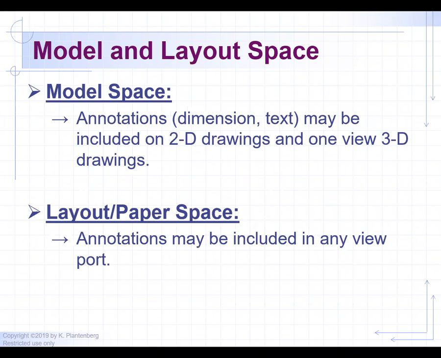So model space annotations, dimensions, and text may be included on a 2D drawing and one 3D view drawing. So if you draw this firstly in 2D, you can add all the dimensions and then put one of the viewports as your 2D view, depending on whether it's a top view or front view of the model, and then you can put in another viewport showing where it's actually 3D.